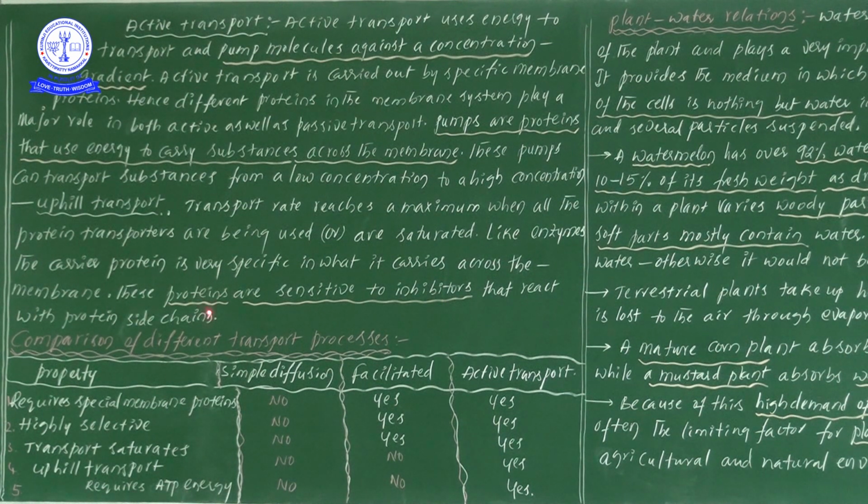Next one, these proteins are sensitive to inhibitors. This is a well-known point. As we have said before, proteins and enzymes are definitely sensitive to inhibitors. Why?